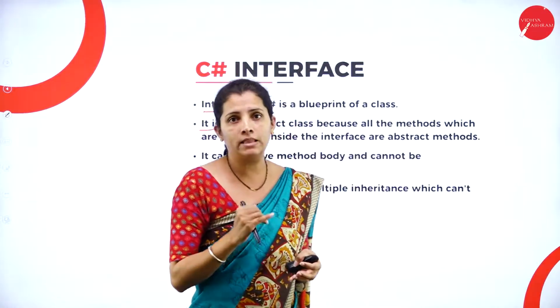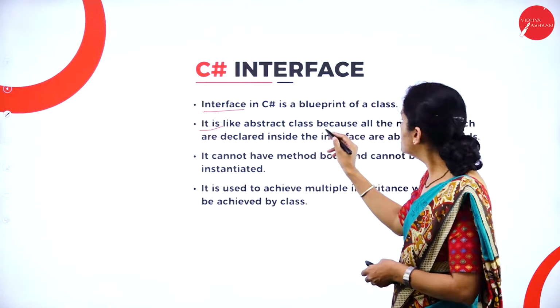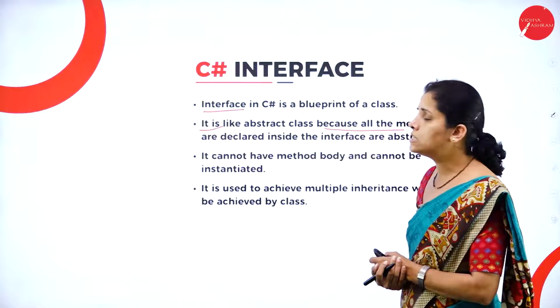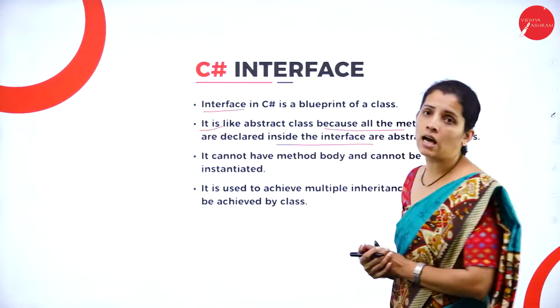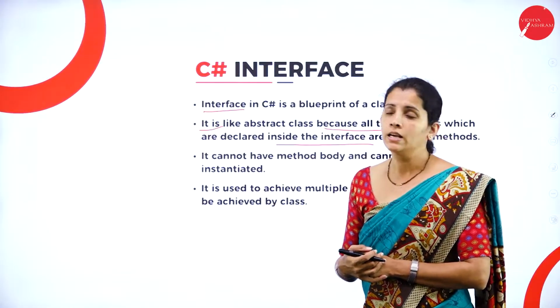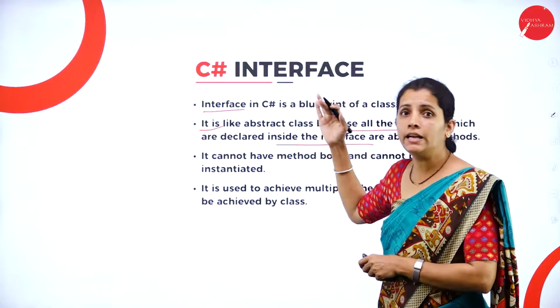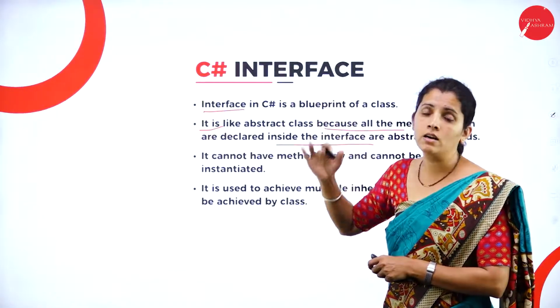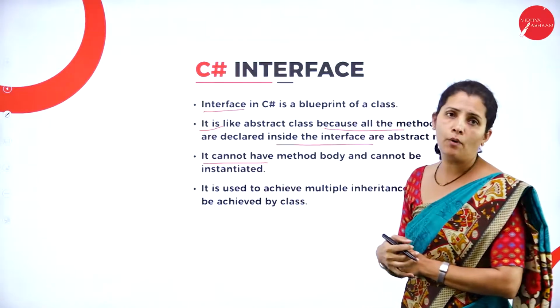So here it is like an abstract class, because all the methods declared inside the interface are abstract methods. That means whatever method I define inside the interface, or an abstract method, cannot have a method body.